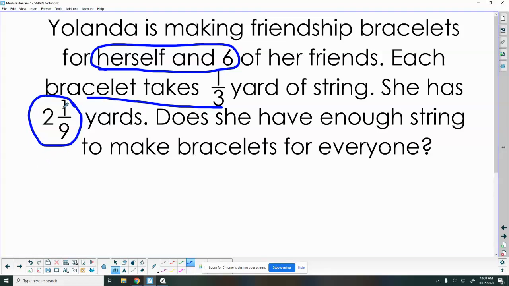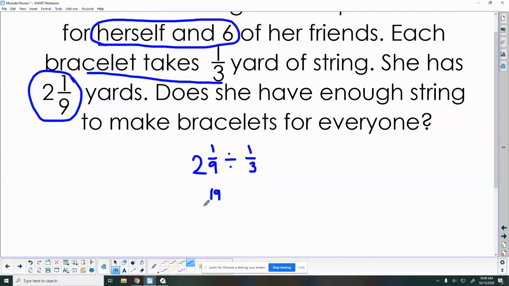So I know she has 2 1/9 yards. She has this as her total. And every time she makes a bracelet, she uses a third. So I am splitting up my total into thirds to see how many bracelets she can make. So 2 times 9 is 18 plus 1 is 19 over 9 divided by 1/3. So now I can use the reciprocal, 19 over 9 times 3 over 1.